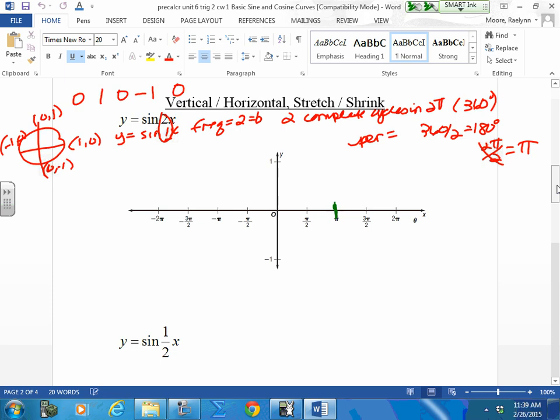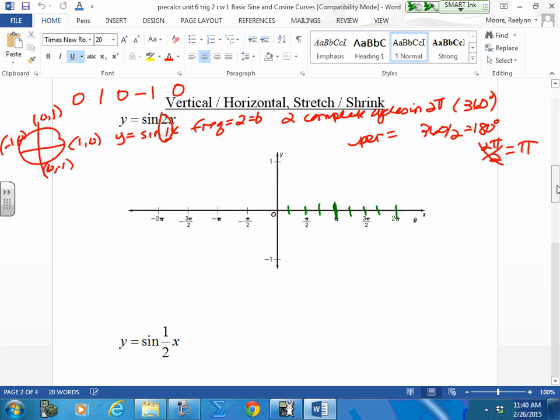How many quadrants does it take to go around my unit circle? 4. So section this into 4 equal quadrants. Here's half, then section half of each. And then we've got to do it one more time. So from pi to 2 pi, section it 4 again.